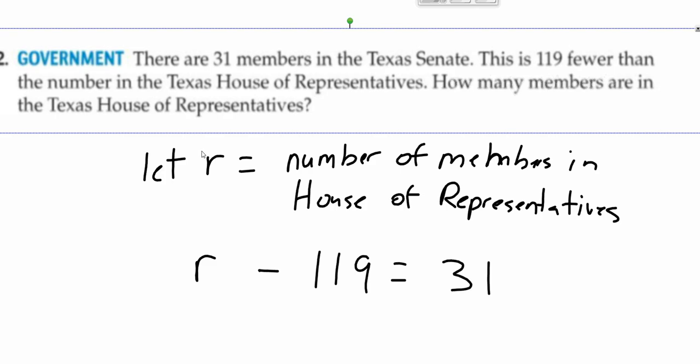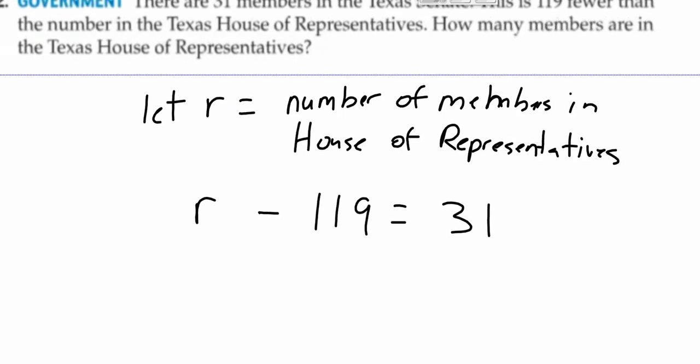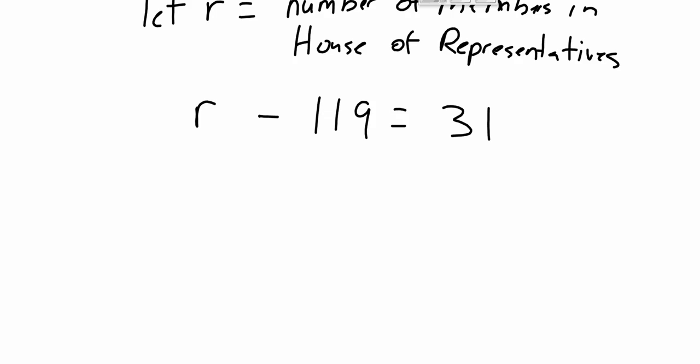Because 31 is 119 fewer than the number of representatives, now we can look at this equation and solve it in one step by adding 119 to both sides. Add 119 to the left side of the equation, add 119 to the right side.